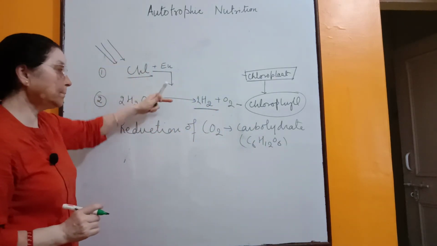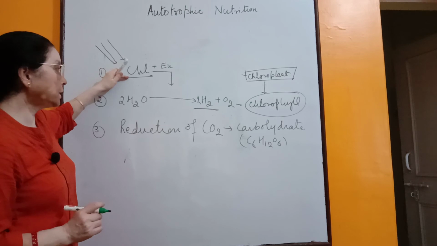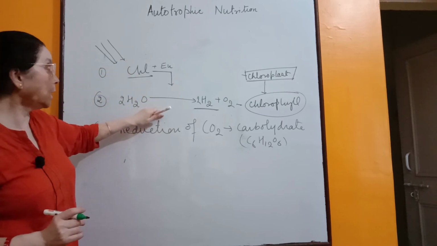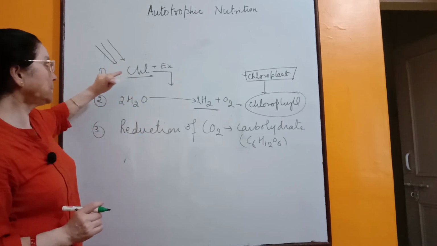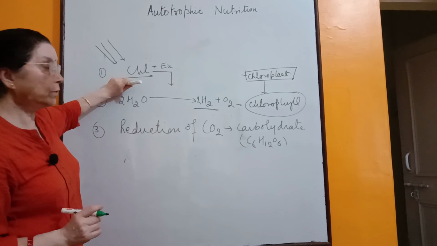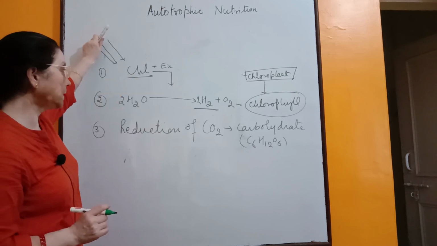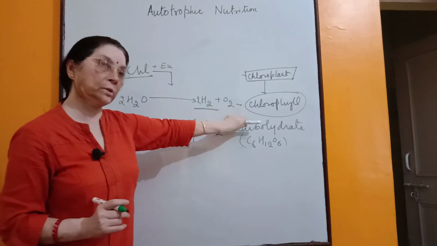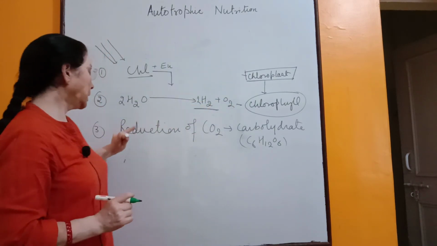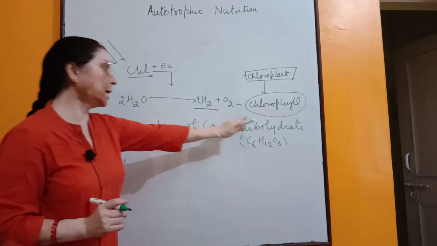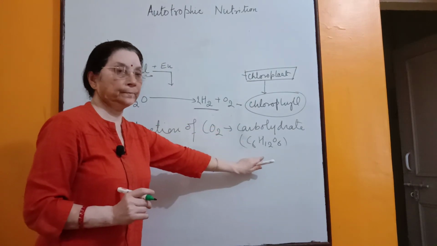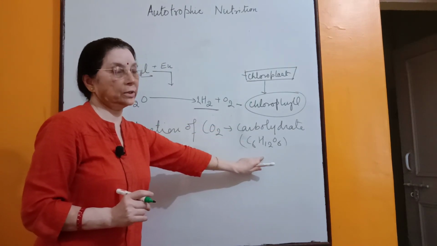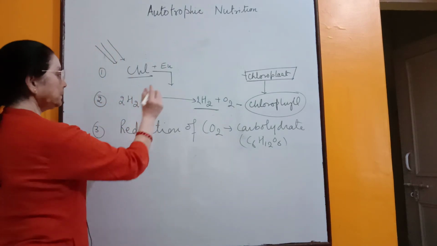In a very simplified way, photosynthesis is carried out in three major steps. First, the chlorophyll molecule absorbs solar energy, which splits the water molecule into hydrogen and oxygen. Hydrogen reduces carbon dioxide and converts it into carbohydrate.